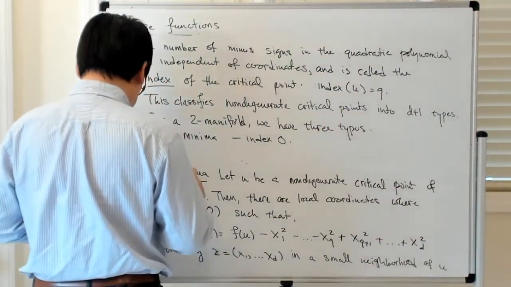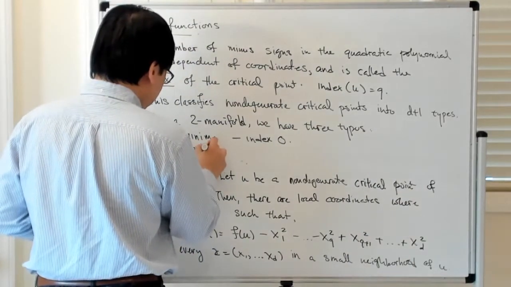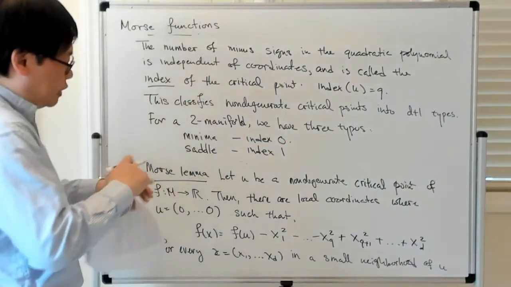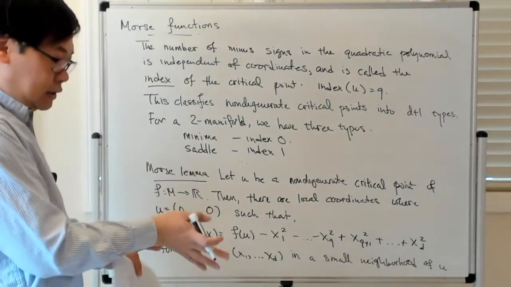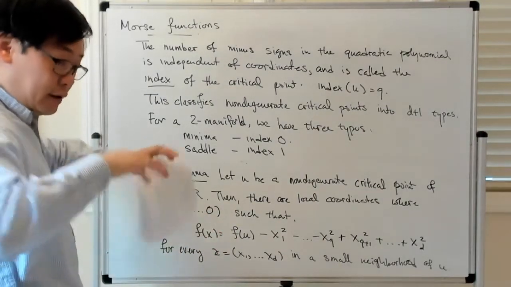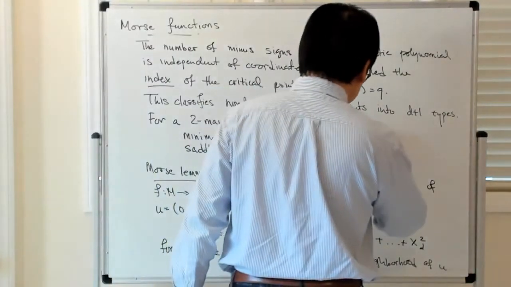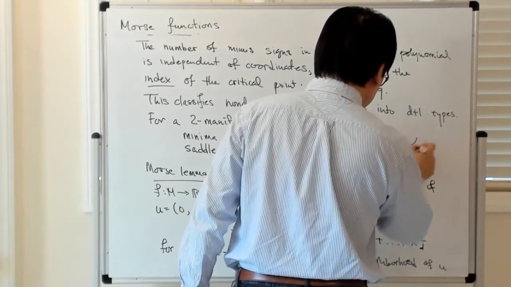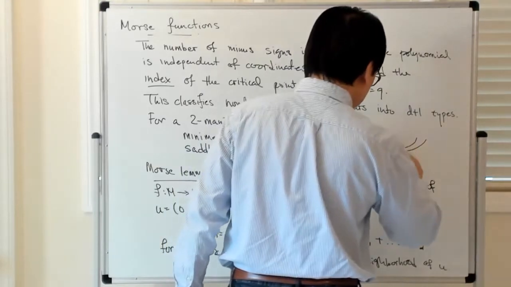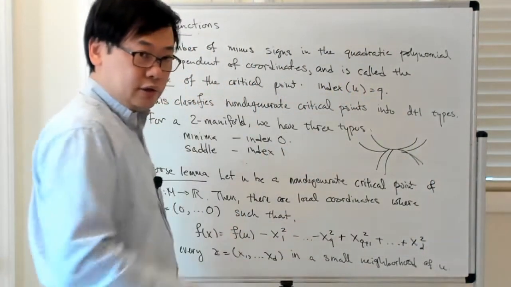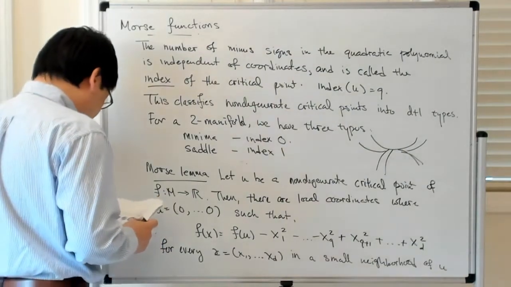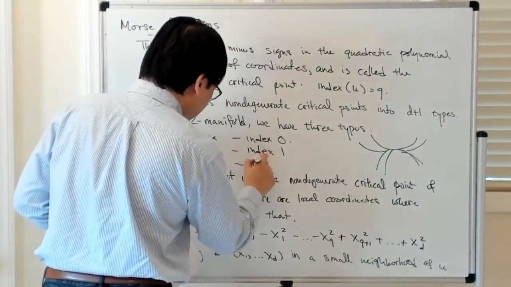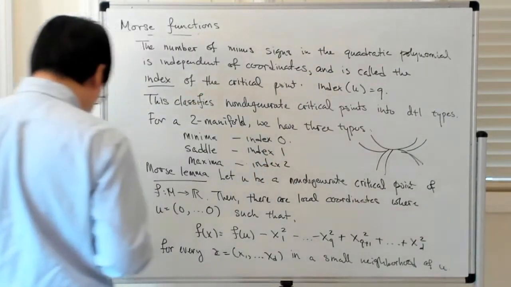You can have a saddle, which is index 1. In this case, the saddle has a direction where locally it looks like a maximum, and another direction where it looks like a minimum. It's called a saddle because if you have a horse saddle, you have some directions where the value is going up and some directions where the value is going down, and it looks like a horse saddle. Okay, and then that's the maxima, which has index 2.